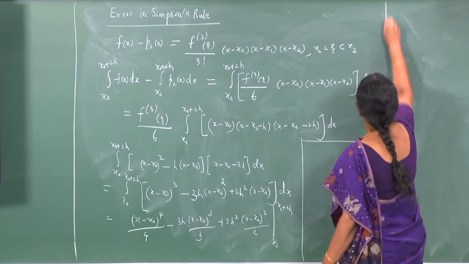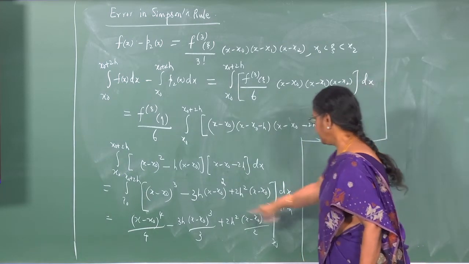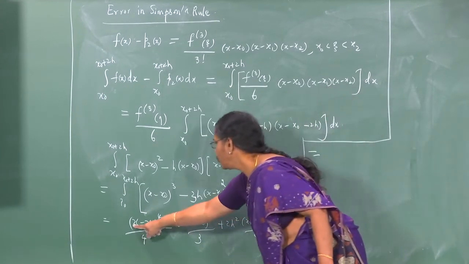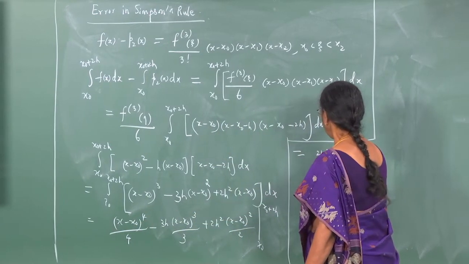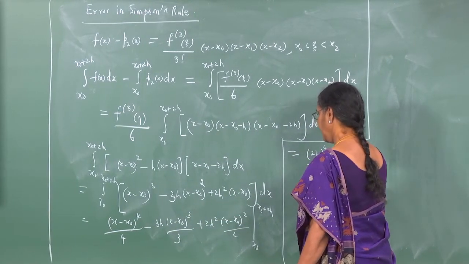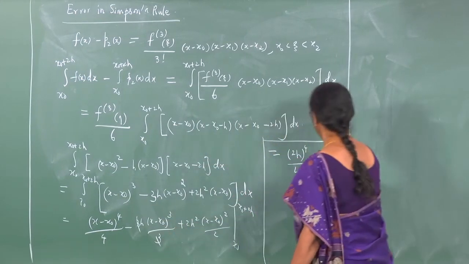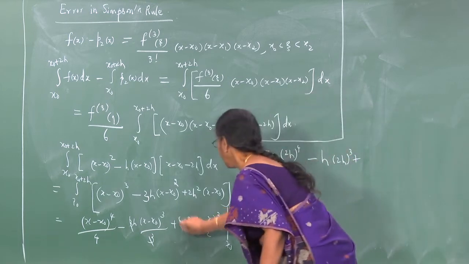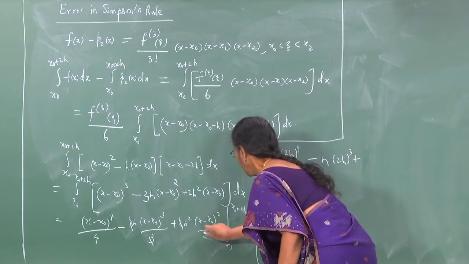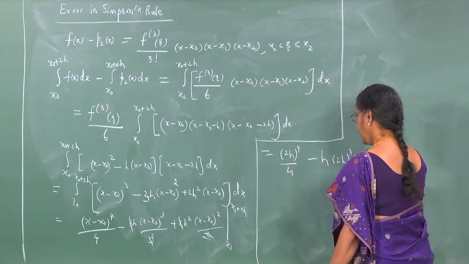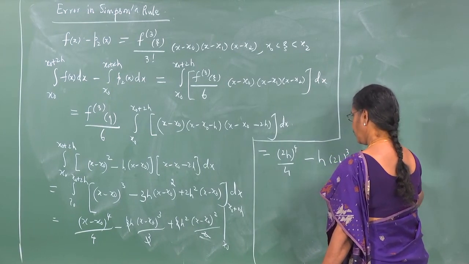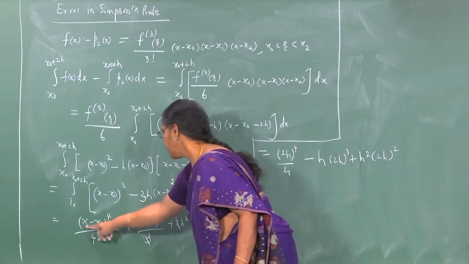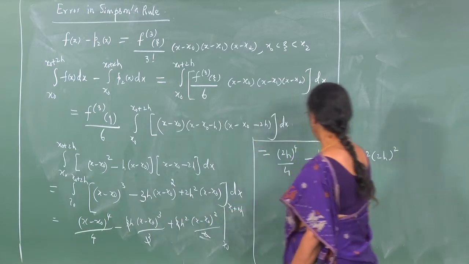So, we shall apply the limits. That will give you at the upper limit x0 plus 2h, 2h power 4 by 4 minus h into (2h) the whole cubed plus h square into (2h) the whole square, that is at the upper limit, and at the lower limit all this will vanish.